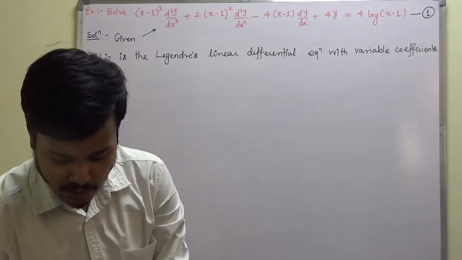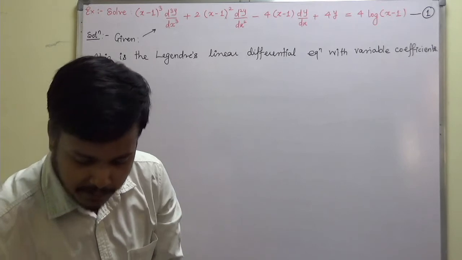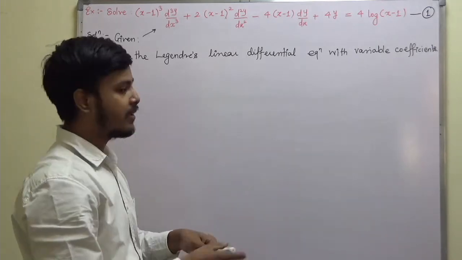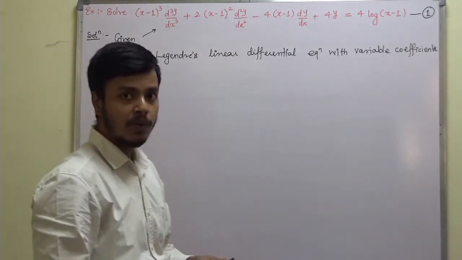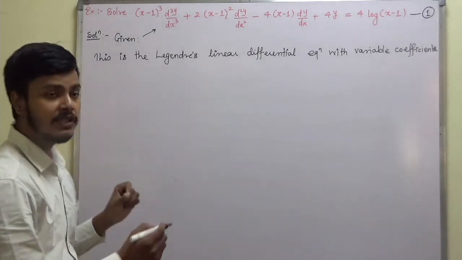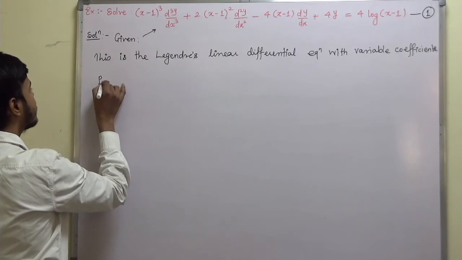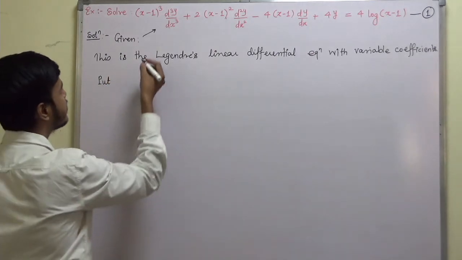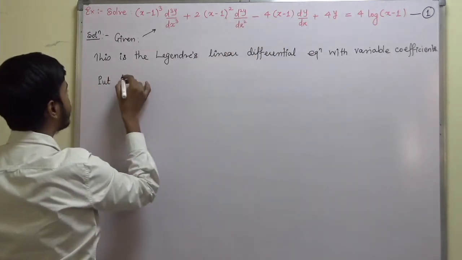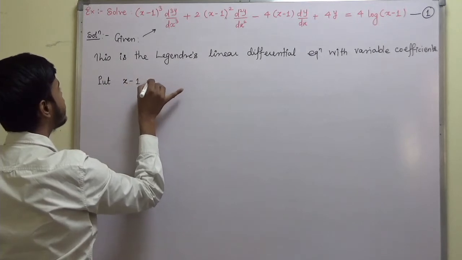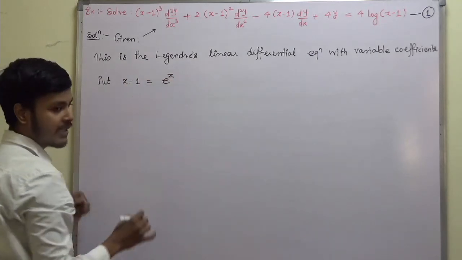Our objective is to convert this problem of variable coefficient into a differential equation with constant coefficient. For that we have to make a substitution. Put x minus 1 equal to e power z.